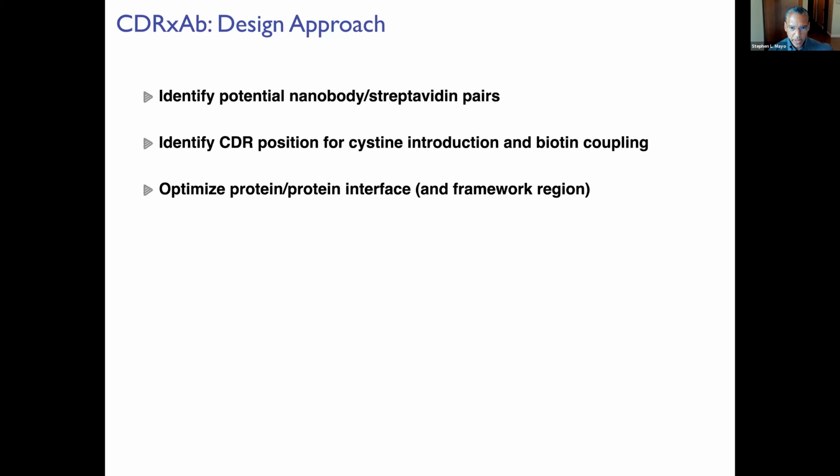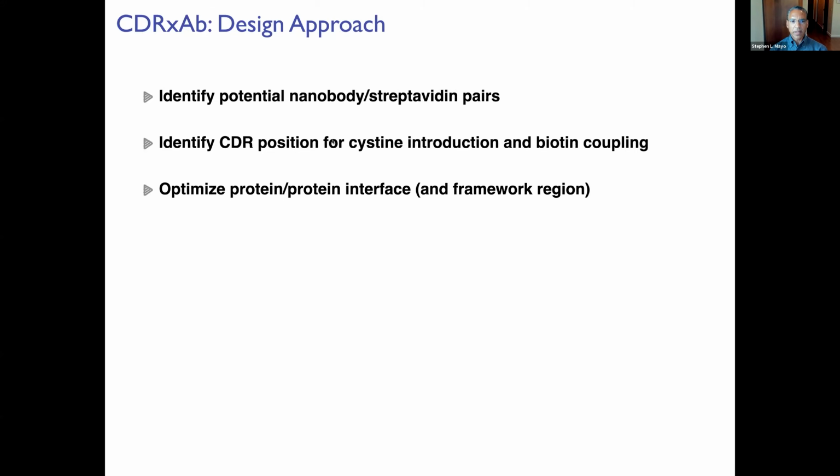Okay, so the approach is really divided into three parts. First is the need to identify an appropriate antibody streptavidin pair. So the antibody antigen target needs to be specified. Then we need to specify a position on one of the CDR loops to introduce a cysteine that will then allow coupling of the biotin.